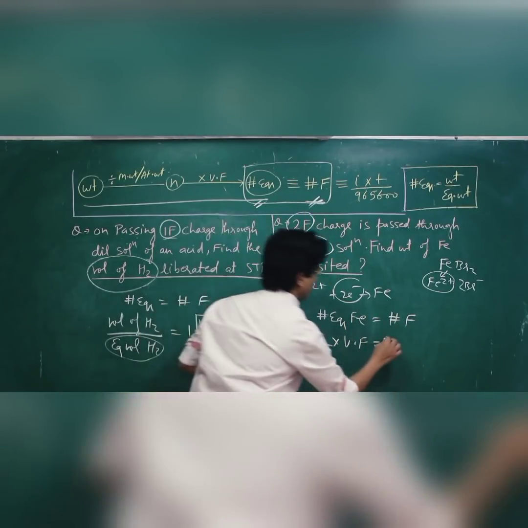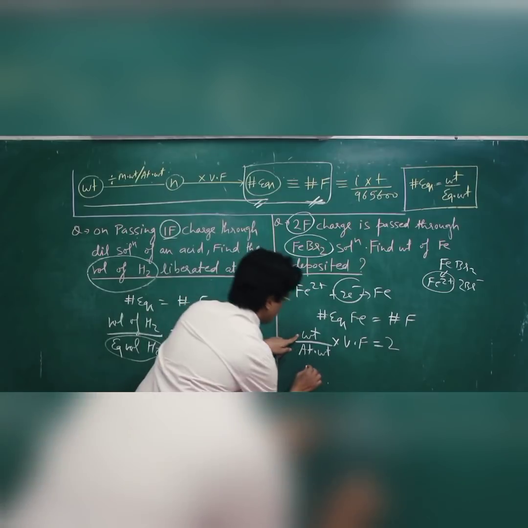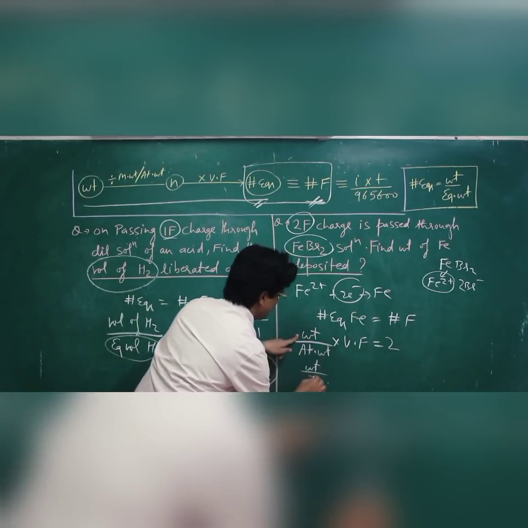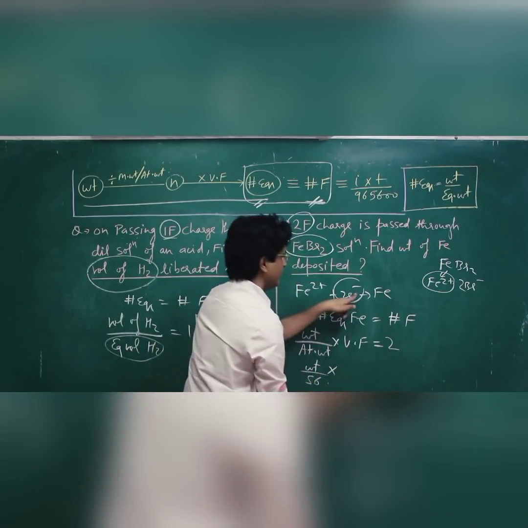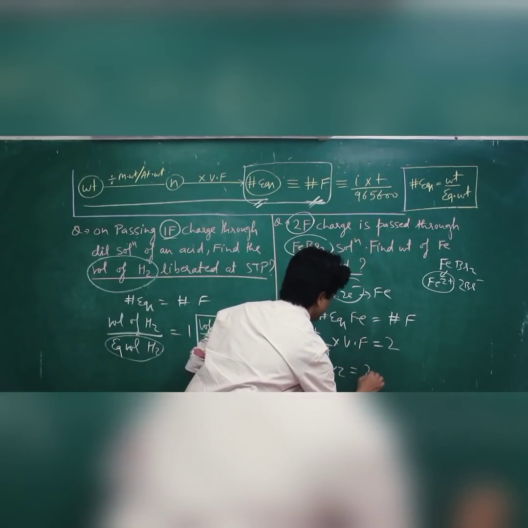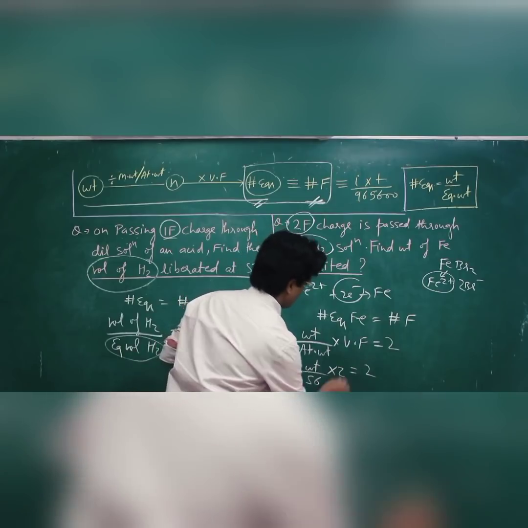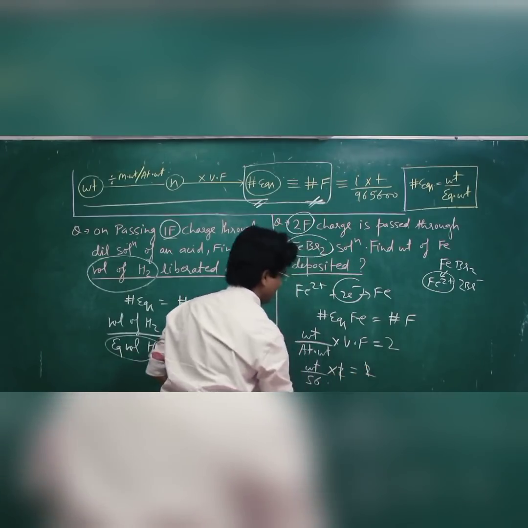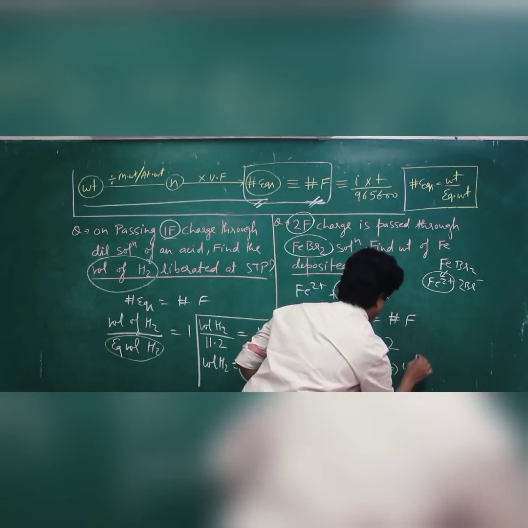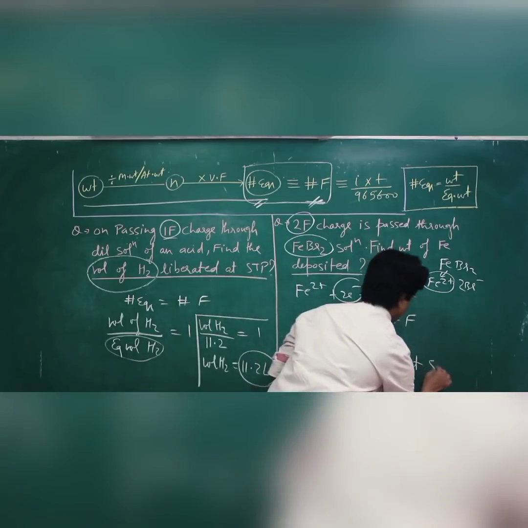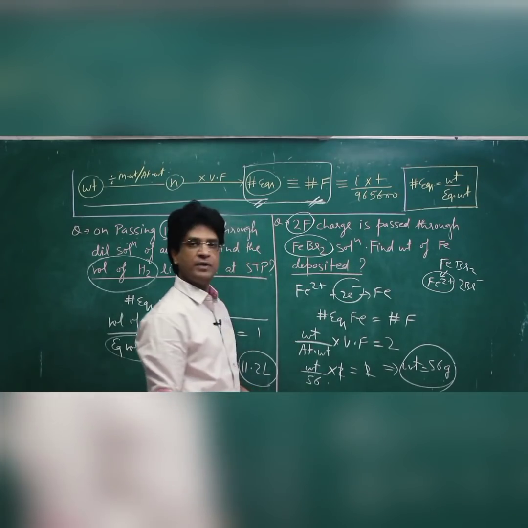How much? 2 Faraday. So if you put this value, atomic weight is 56 for iron, valency factor here is 2, equal to 2 Faraday. Is that clear? So the 2 will be cancelled. So weight of iron deposited will be 56 grams.